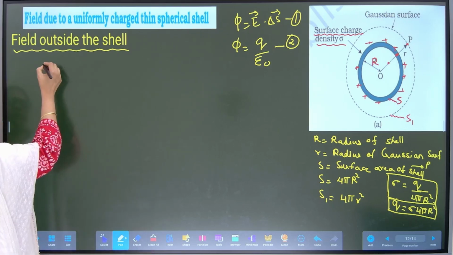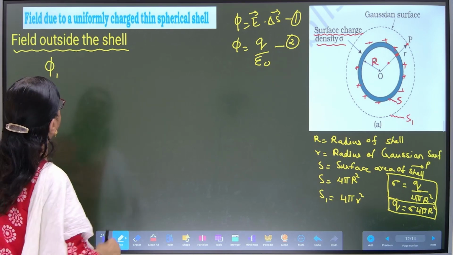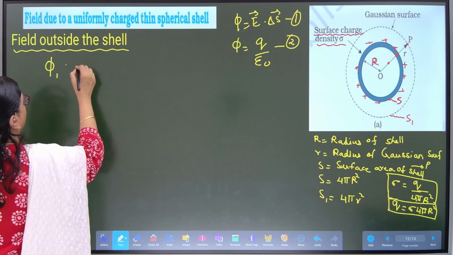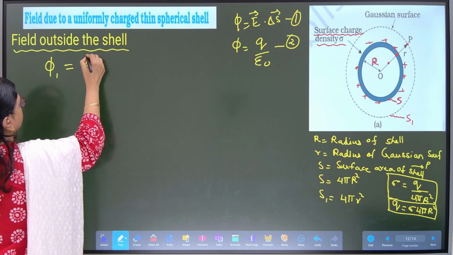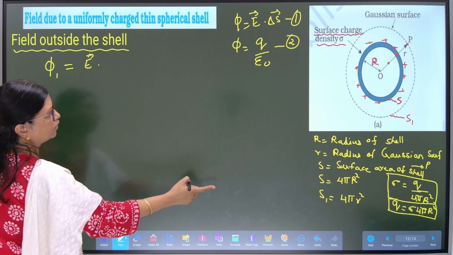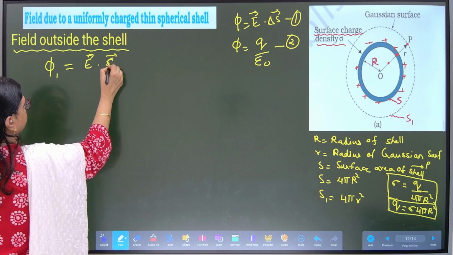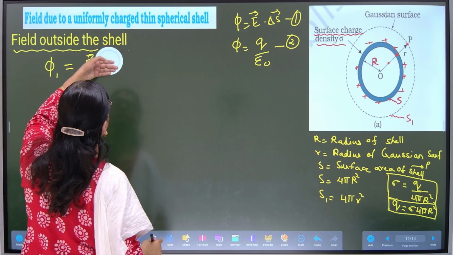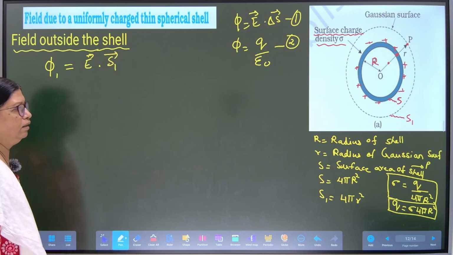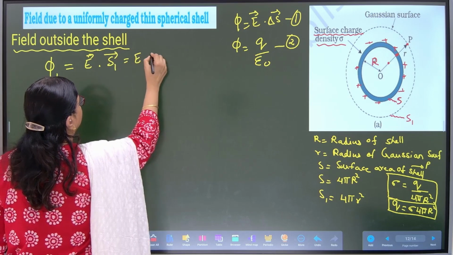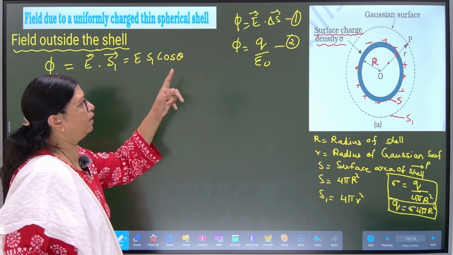Now first let me write down the flux phi 1 for the Gaussian surface using formula 1. So phi 1 is equal to E vector dot S1, where S1 is the surface area of the Gaussian surface. So I can write E S1 cos theta, where theta is the angle between E and S1.